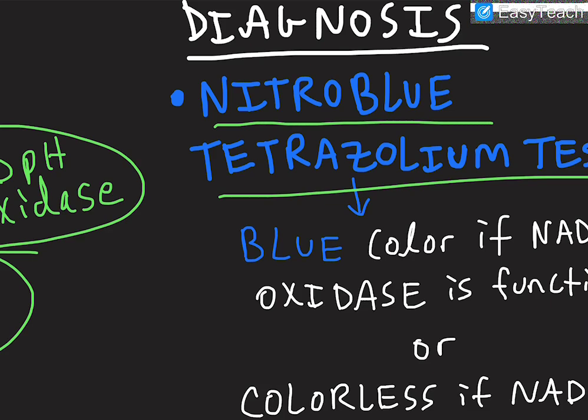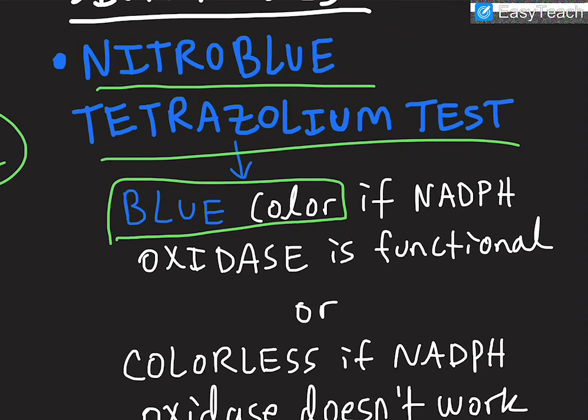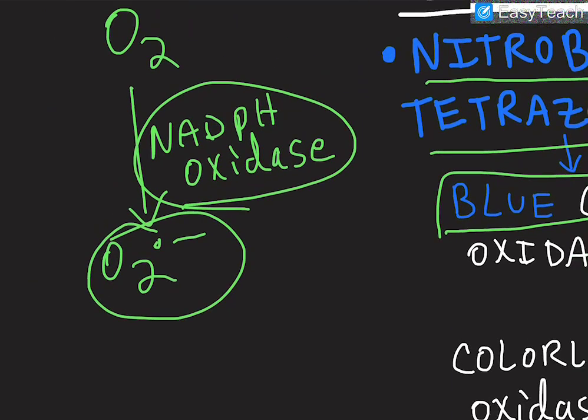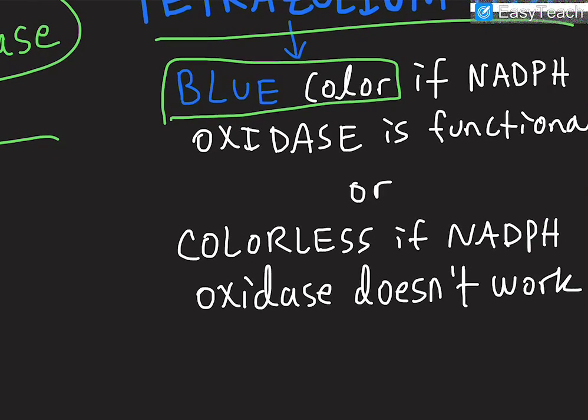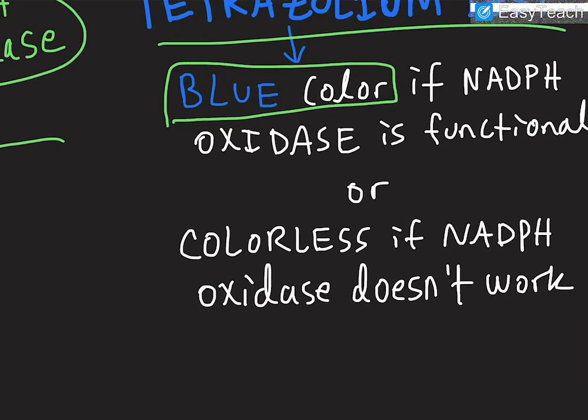And in this test, we would see the blue color, right? But if this NADPH oxidase is dysfunctional or does not function like we would see in chronic granulomatous disease, you will never form superoxide. Therefore, the solution will remain colorless, right?